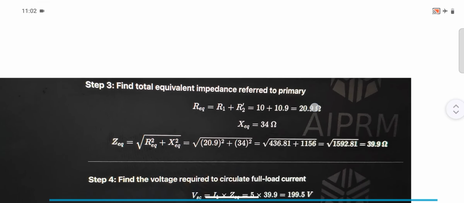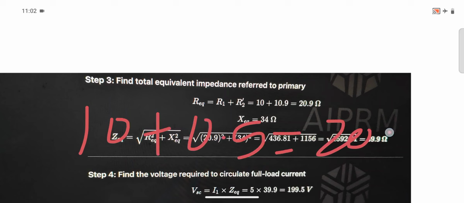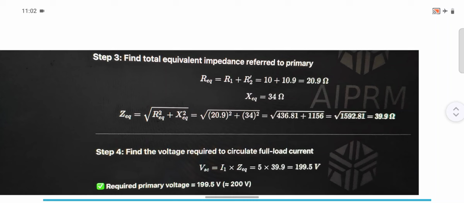Now total equivalent resistance referred to the primary, R1 plus R2, then 10 plus 10.9, 20.9. Okay. Now we will calculate Z equivalent. That means resistance and reactance we will include, and then we will get equivalent impedance.